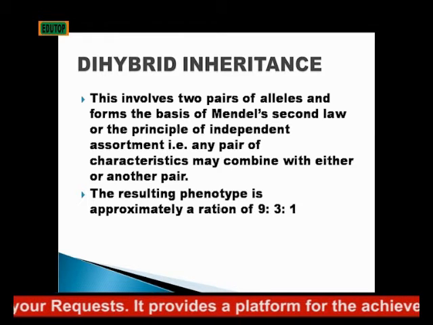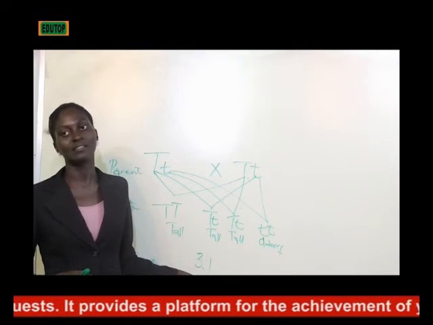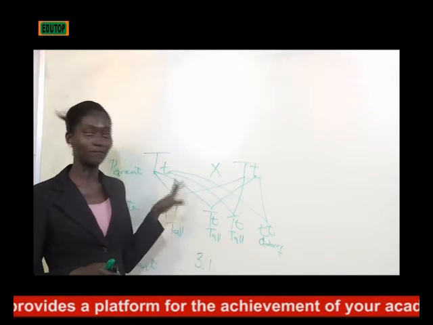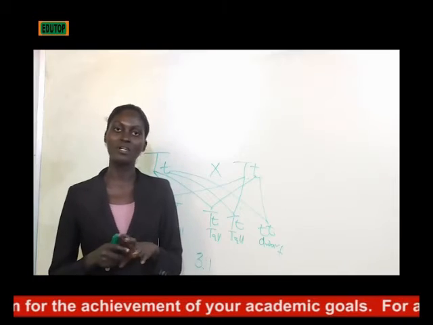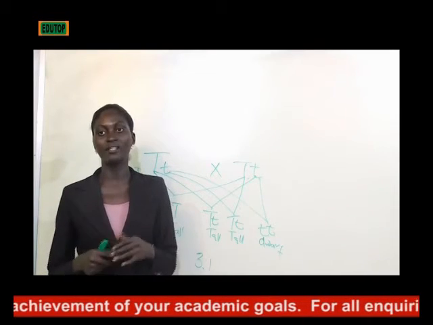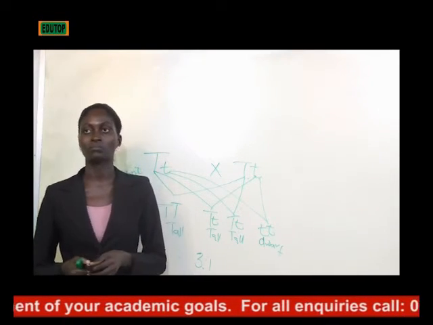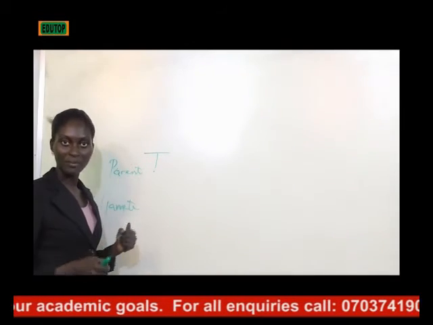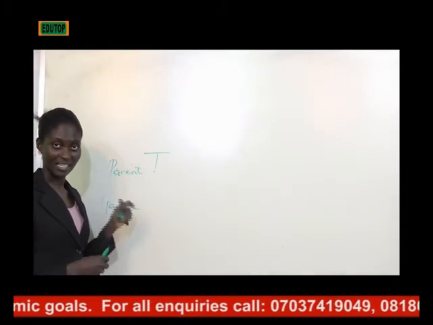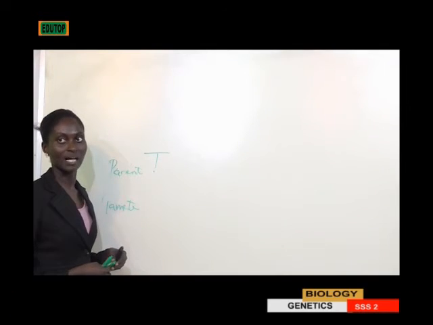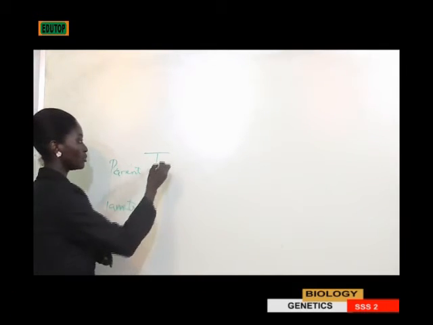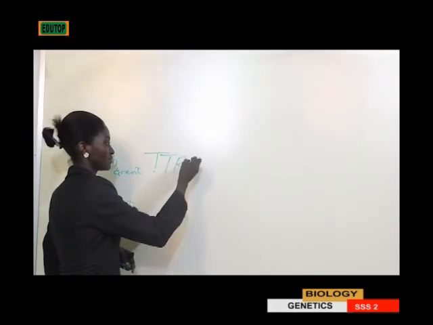You know, this one we had 3:1. That's the ratio in monohybrid inheritance, 3:1. But in dihybrid inheritance, it is 9:3:3:1. In the monohybrid inheritance example that I illustrated, it was only the height that was considered. But in this dihybrid inheritance, we will be discovering that it's not only the height.